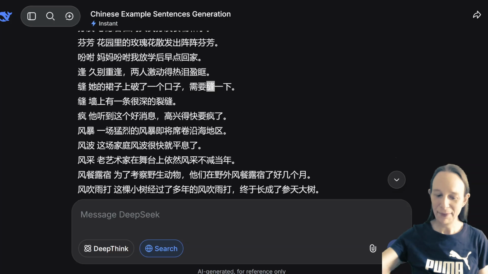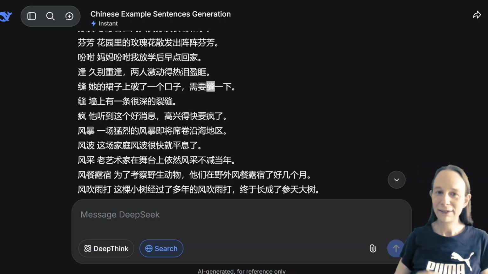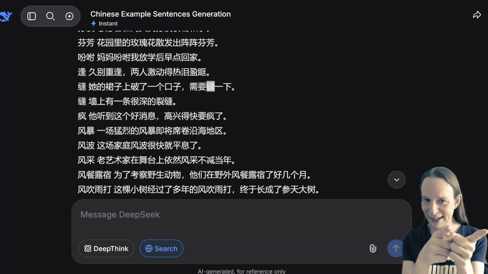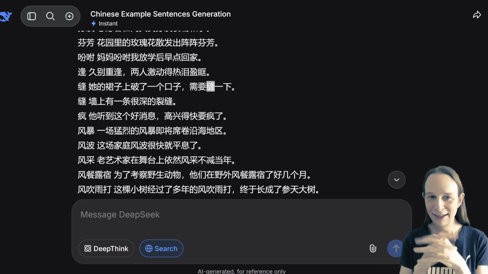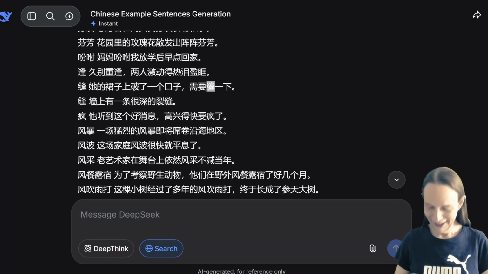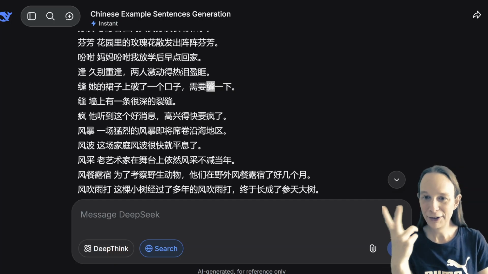Let's just do a recap and move on. Recap. Second tone, 缝 pertains to sewing. You can use it as a standalone verb. 缝一下衣服. And 缝纫 is a verb, there's a 2-character version.